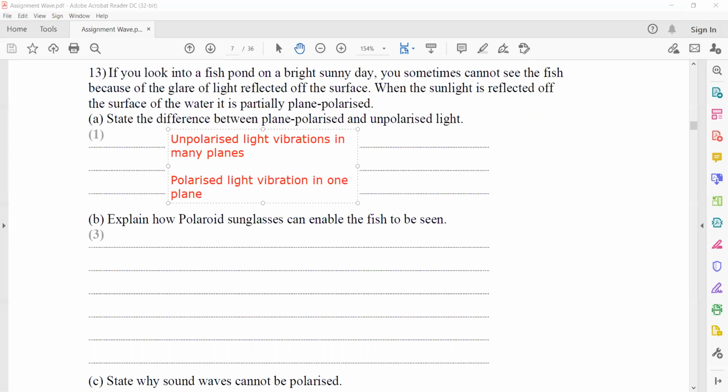So if we are having polarizing sunglasses, it will stop the reflected part as it is perpendicular to the polarizing filter, and the light from the fish, we are able to receive that. How are we able to receive that light?